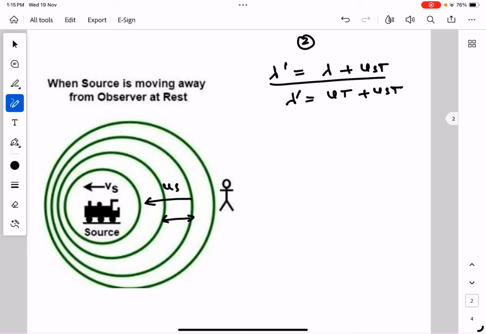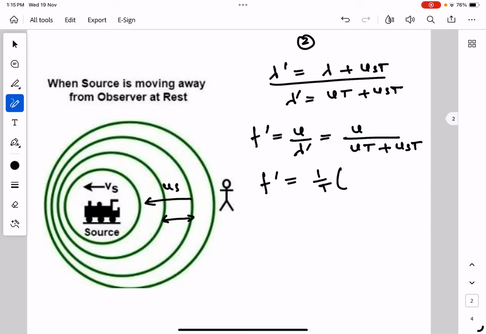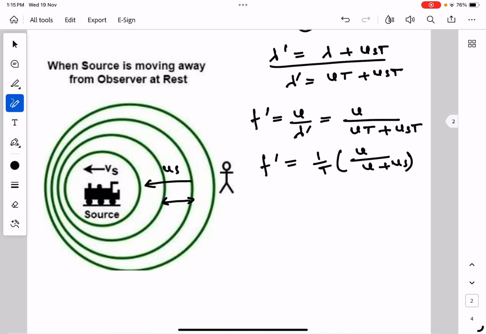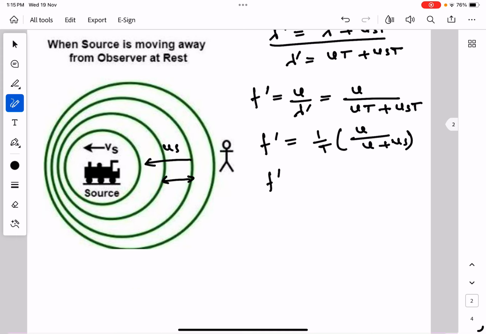Therefore apparent frequency f dash would be equal to V upon lambda dash. This will be equal to V upon Vt plus Vs into t. This can be simplified as 1 upon t multiplied by V upon V plus Vs. 1 upon t is equal to original frequency f.